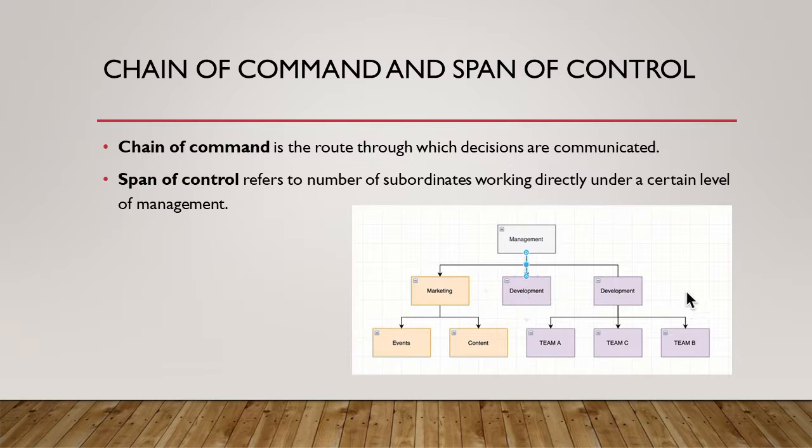Chain of command is the route through which decisions are communicated. It may also be defined as different levels of management involved in the decision-making process. So the route through which decisions are communicated or different levels of management involved in the decision-making process are referred to as chain of command. For example, the first level is CEO, then the directors, then the managers, then supervisors, and then the workers.